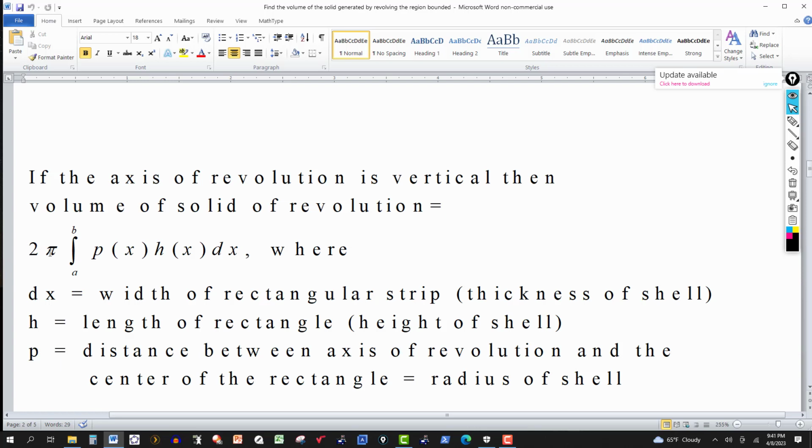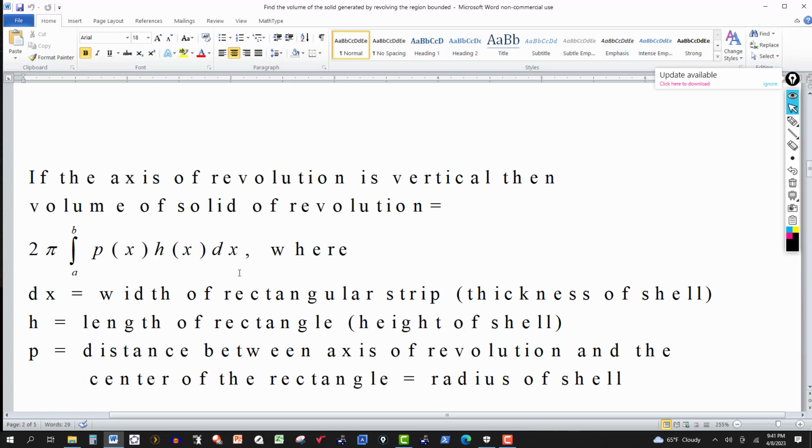So this is generated, of course, from the volume of a shell: 2 pi, the integral with limits of integration from a to b, of p times h(x) dx.